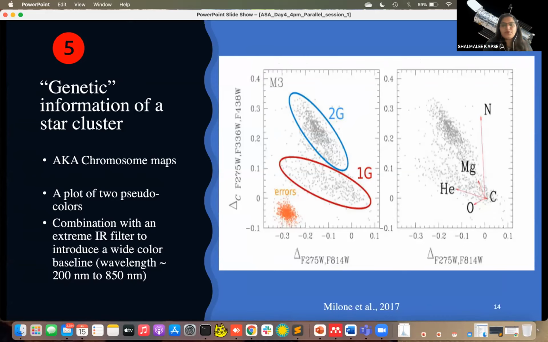So from U to extreme I range in wavelength, you can plot these pseudo color diagrams using a three filter combination and two normal color combinations, and you can see in 47 Tuc, an old globular cluster, that the 1G and 2G generations of stars are clearly visible.